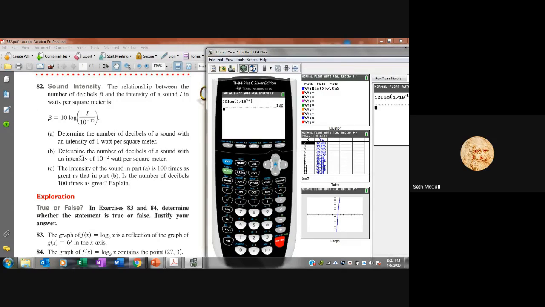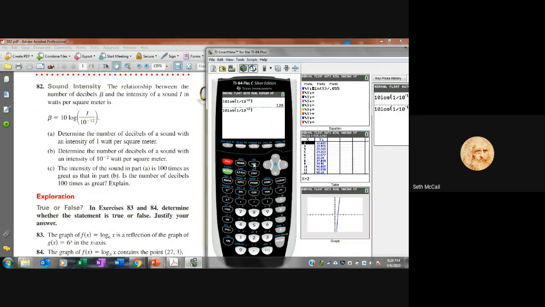Part B asks you to determine the number of decibels of a sound with an intensity of 10 to the negative 2. So that's a much smaller number. So I can actually hit second enter, bring up the entire thing that I already typed in, and then just go right over here and type in right after the 1.